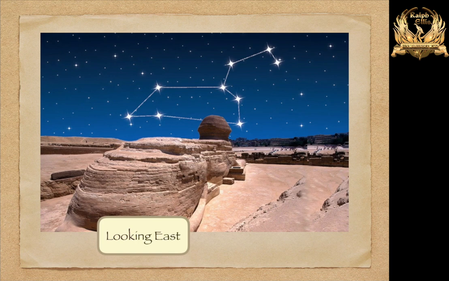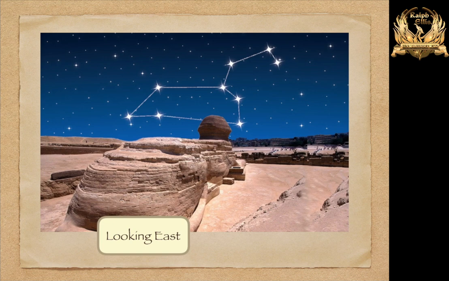Can we confirm this at all? Well, quite possibly, because you're probably familiar with this layout. Here is the Sphinx looking at Leo, and you've probably heard that you can do a precessional dating by the Sphinx looking at Leo, because the constellations change every thousands of years due to the precession of the equinox.